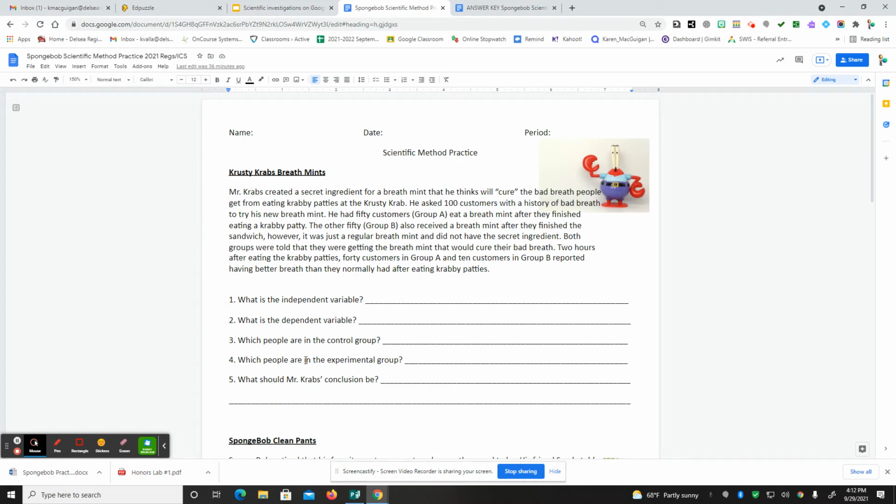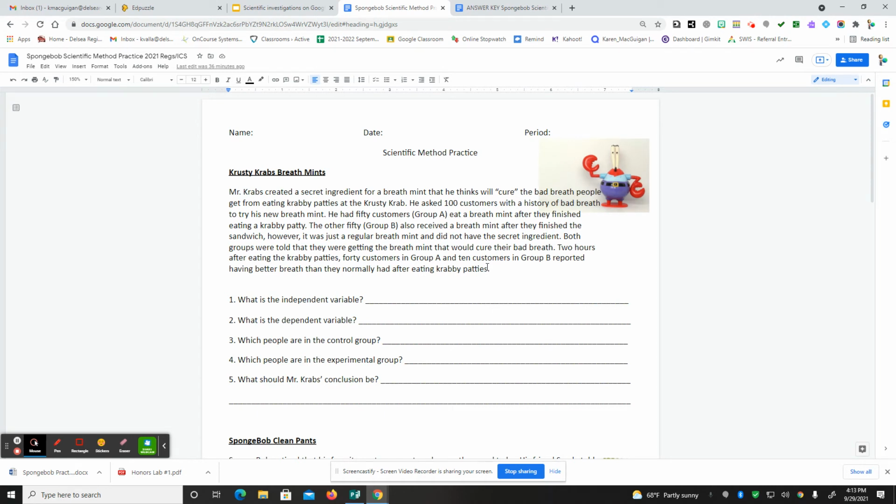So what should Mr. Krabs' conclusion be? If you read the last sentence, that really gives you an indication as to what the conclusion should be. If 40 customers in Group A said that they had better breath and only 10 customers in Group B, 40 out of 50 is a pretty good number. And Group A is the group that had the breath mint with the secret ingredient.